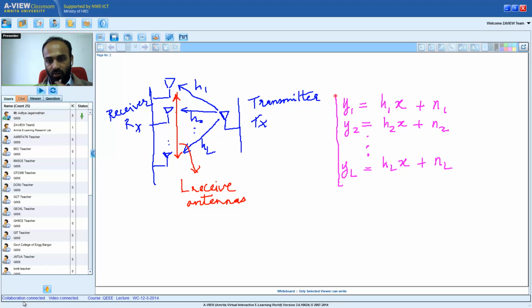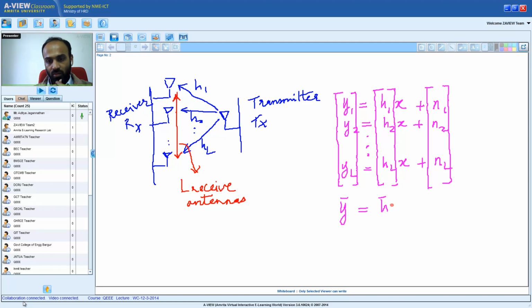If I vectorize this, I have the vector Y bar equals the vector H bar X plus the vector N bar. The only difference now is that Y, H and N are L dimensional vectors.